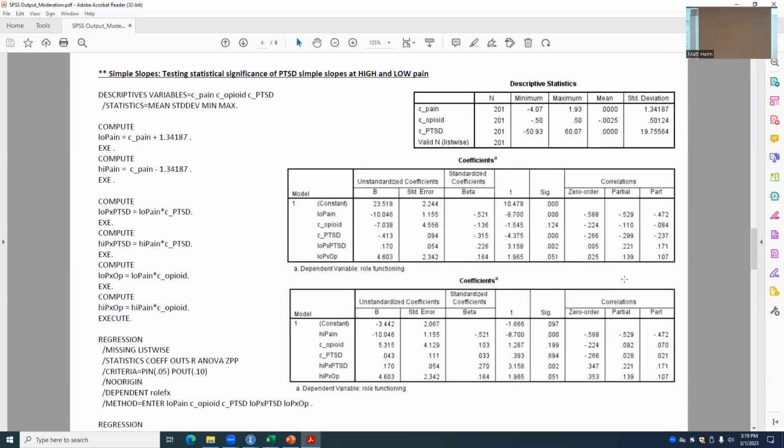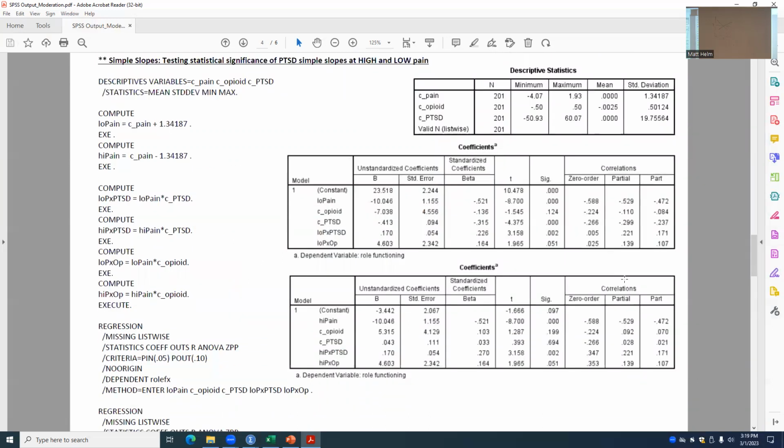So if I go down through and I take a look, I see that at low pain, right? At low levels of pain, what's the unique effect of PTSD on role functioning, holding pain constant at a standard deviation below the mean? Well, I see that I get an effect of PTSD. Here's my coefficient, here's my p-value, here are my effect sizes for that.